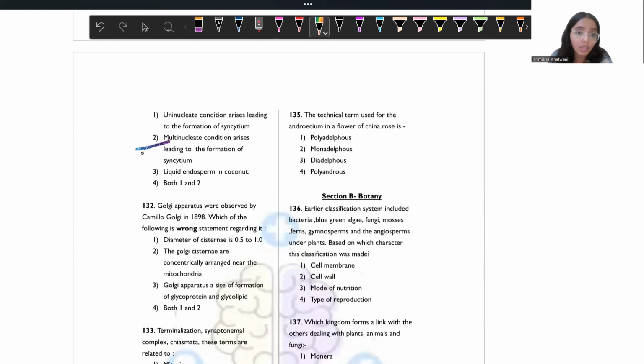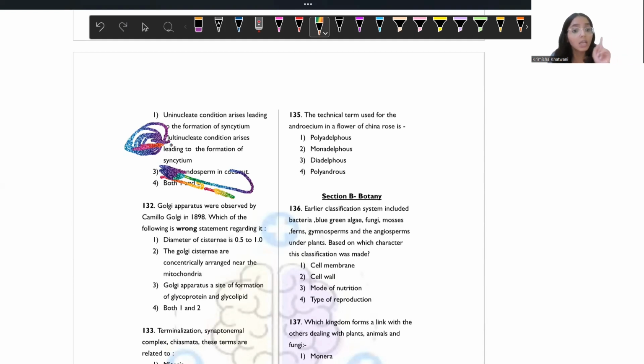There is a printing mistake here: this option should have only endosperm in coconut and not liquid endosperm. The original question paper which you got has only endosperm in coconut, not liquid. So the answer to this question is the second option.